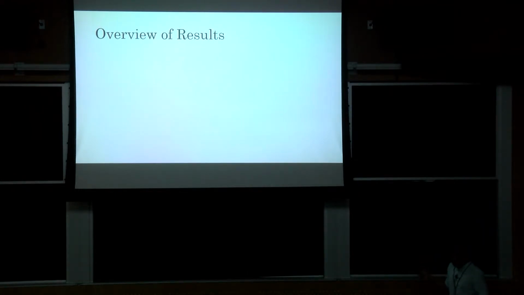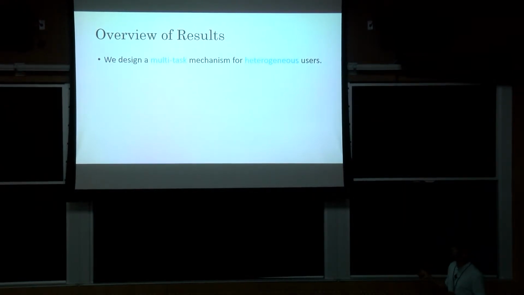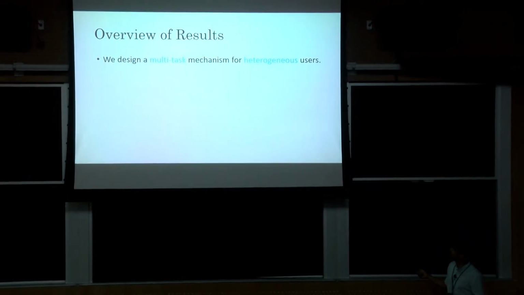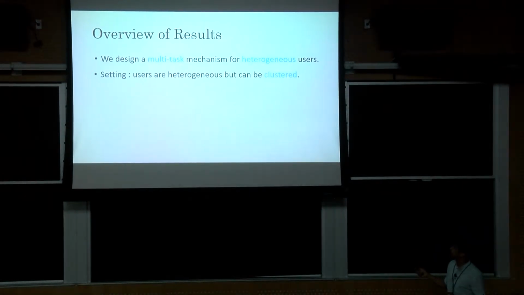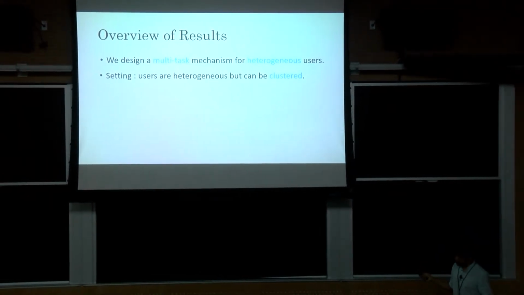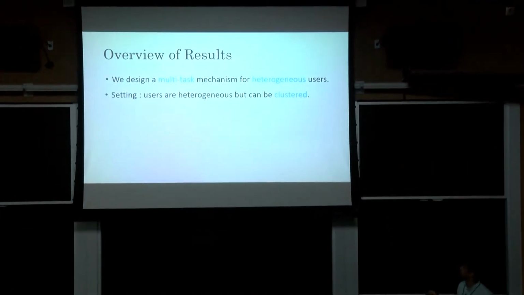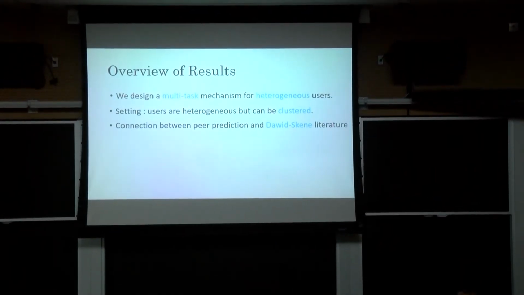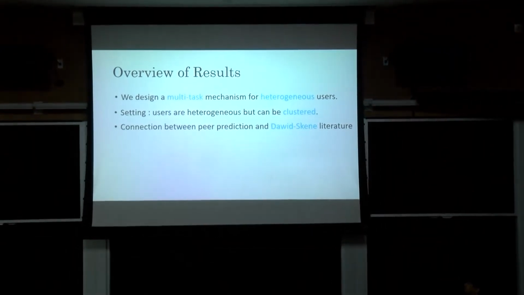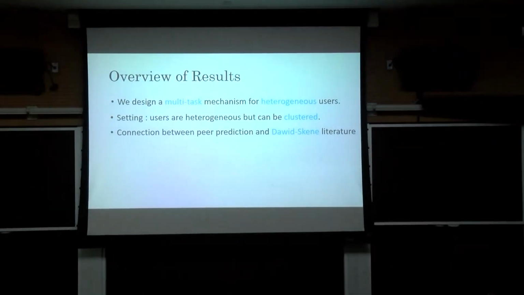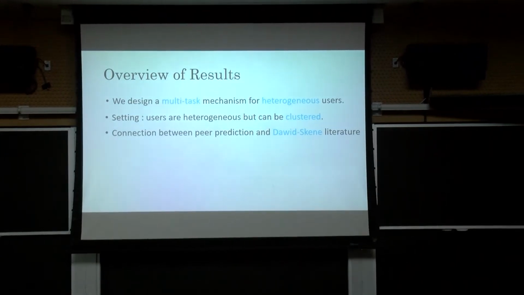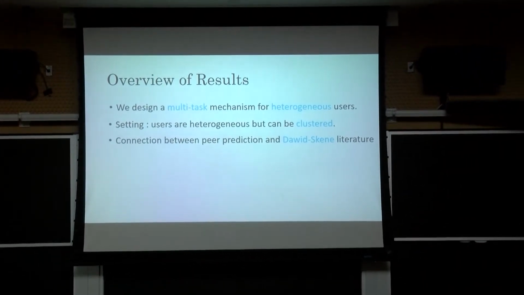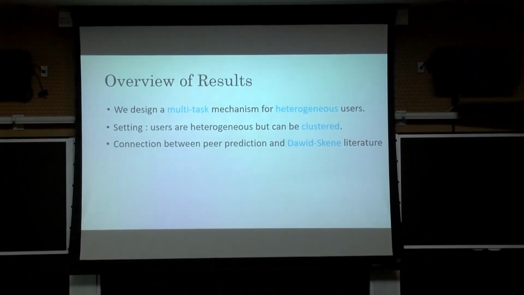Okay, so now I'll just give a brief overview of our results. We designed a multitask mechanism for heterogeneous users, and the specific setting we have in mind is that the users can be clustered. We derive sample complexity bounds for this setting, and we will also see that there is a connection between pair prediction and how to learn the latent labels.